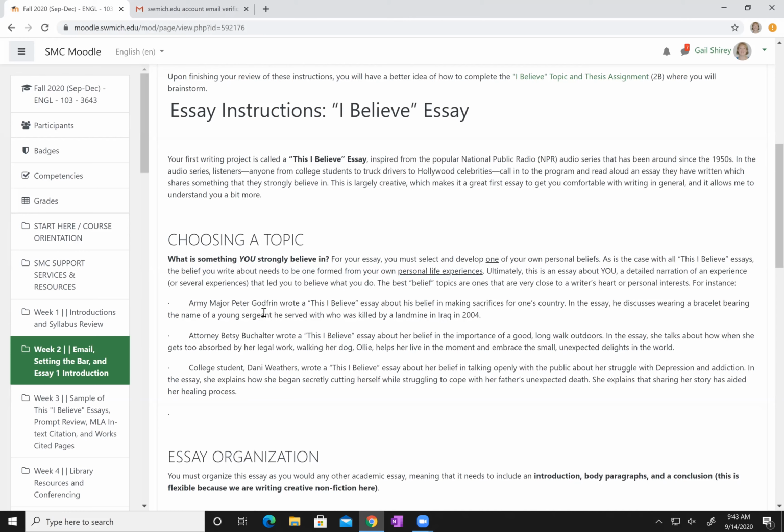And then of course she goes on to support this and explain why she believes that, on how she gets so absorbed in legal work, walking her dog Allie helps her live in the moment, embrace small, unexpected delights of the world. So you can see there's a huge range between this particular one, belief in sacrificing for your country, and I believe in a good long walk outdoors.